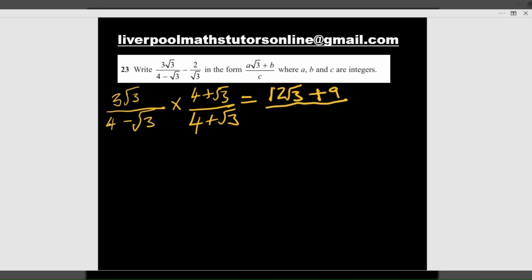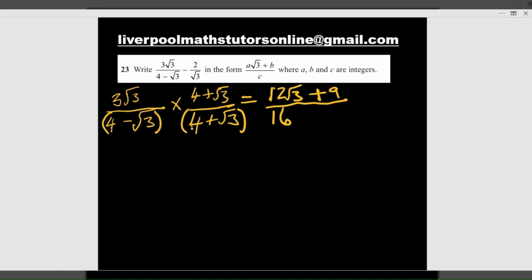Now on the bottom, think about timesing this out like you would do a quadratic if it was x's there. So I've got 4 4s 16. Now this is why we use this, because if you look, 4 times positive root 3 would give me 4 root 3, take away 4 times negative root 3.